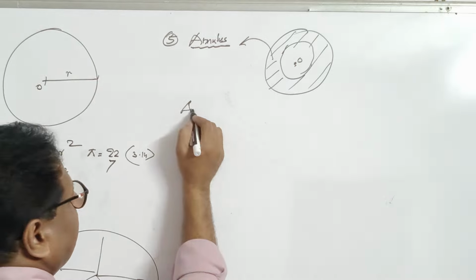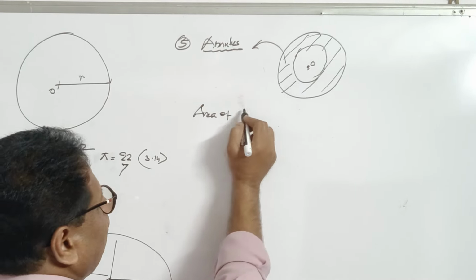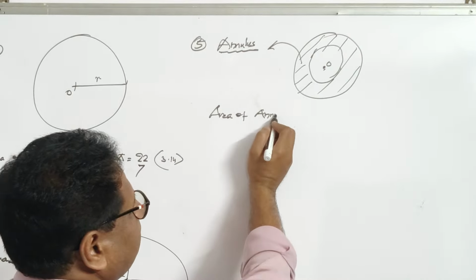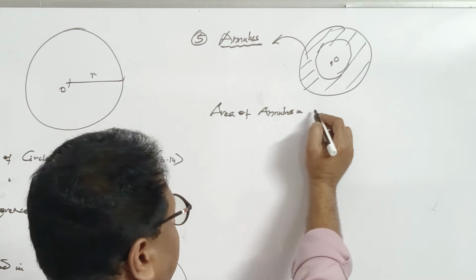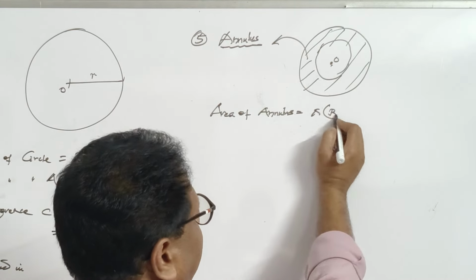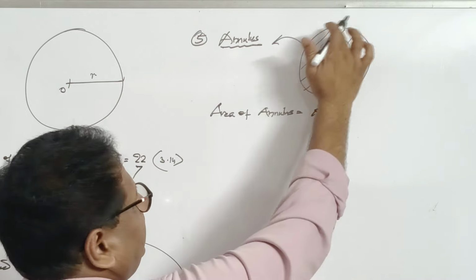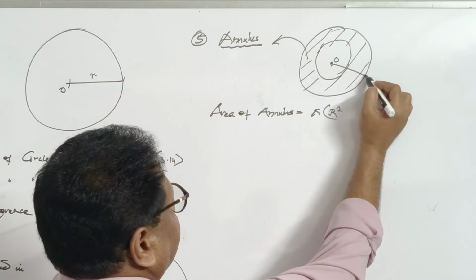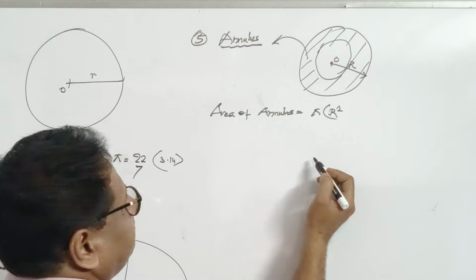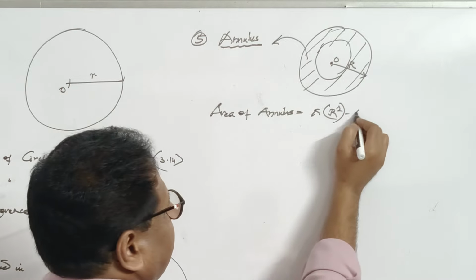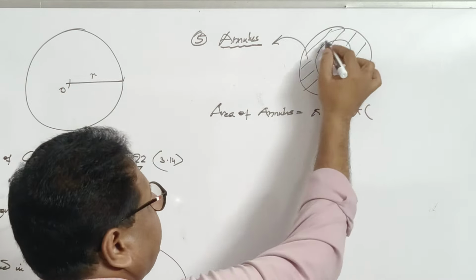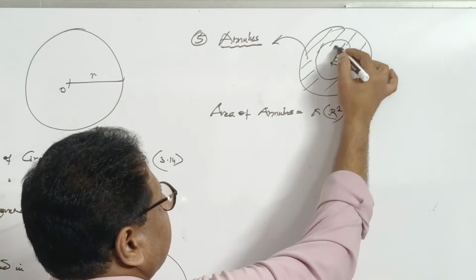So the area of annulus is equal to pi capital R square, that means area of outer circle, where capital R is this one, minus area of inner circle, whose radius is smaller.